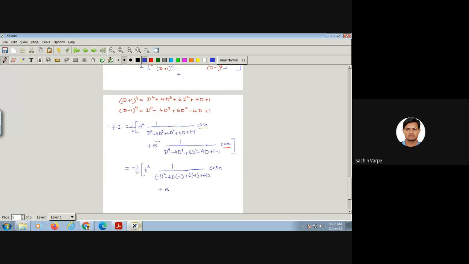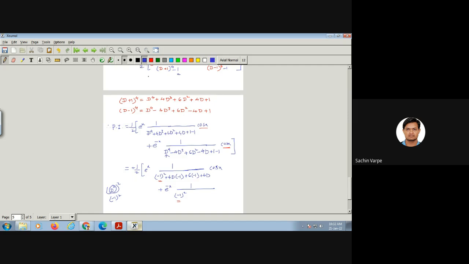And plus for this, e raised to minus x into 1 upon minus 1 squared, because D raised to 4 is D square squared. So I'm replacing D square by minus 1. That is why it is minus 1 squared here. Please check.